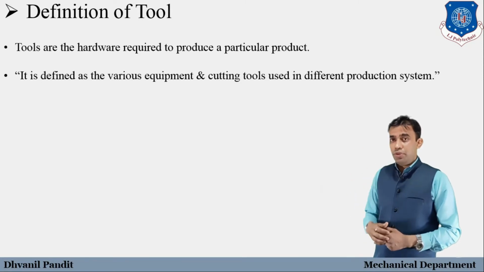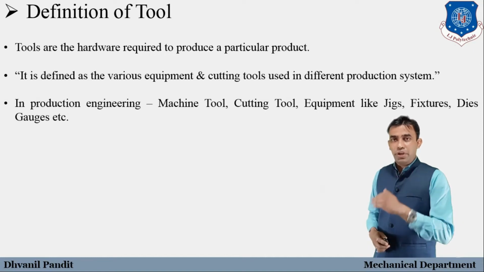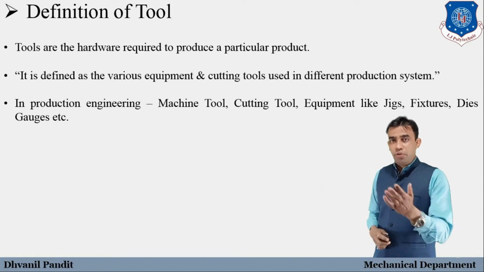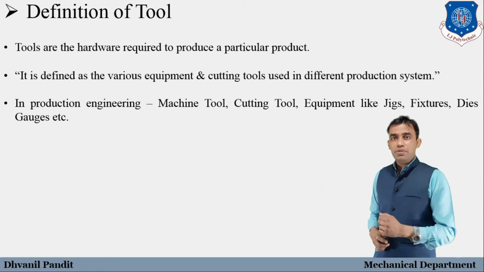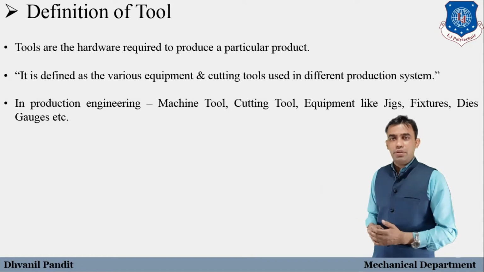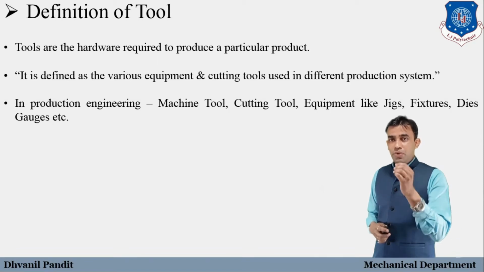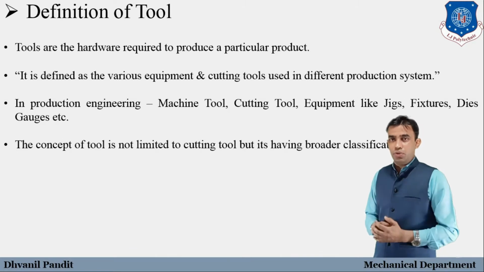If I consider the production system, production engineering, I can bifurcate tool as machine tool, cutting tool, and some equipments like, as you can see on your screen, jigs and fixtures, dies, gauges, etc. So friends, the concept of tool is not only limited to cutting tool.